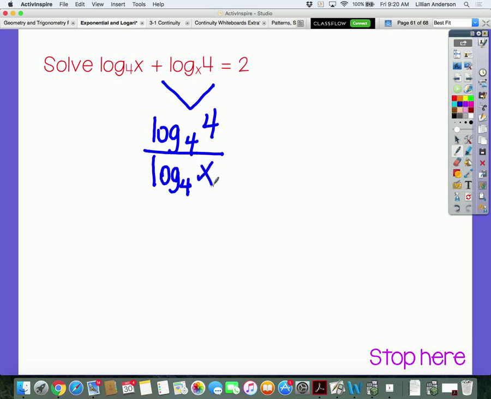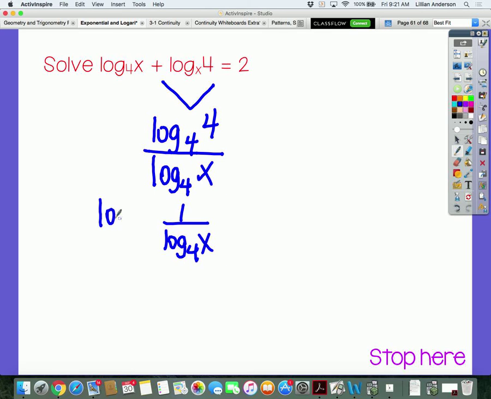Okay, that's using the change of base formula from before, what you guys did last couple of days. What's log base 4 of 4? 1. Just like log base 10 of 10 from that one problem from homework. Okay, you got 1 over log base 4 of x.